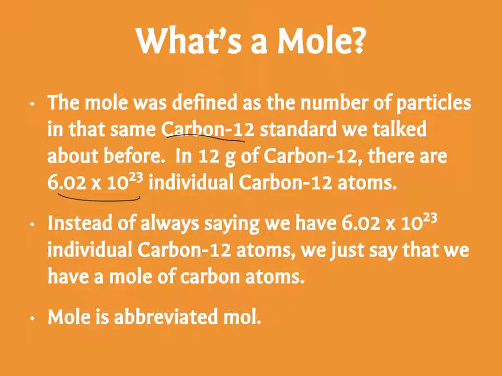What's weird is that 12 grams measured out to be exactly what Avogadro's number was. So now, instead of saying that we have this many individual carbon-12 atoms, we just say that we have 1 mole of it. So a mole was derived from talking about how many carbon atoms were in 12 grams of that isotope.